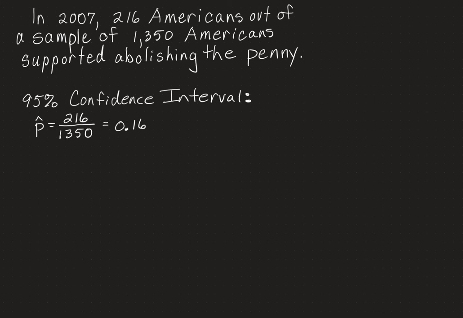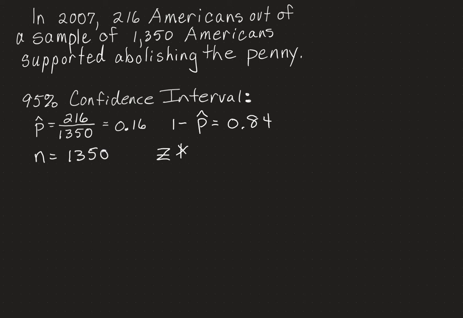We will also need the value 1 minus p hat, because that's what we're going to need to calculate our standard error. That value is 0.84. We also need to recognize that n, the number in our sample, is 1,350 individuals. And then we need our z star.